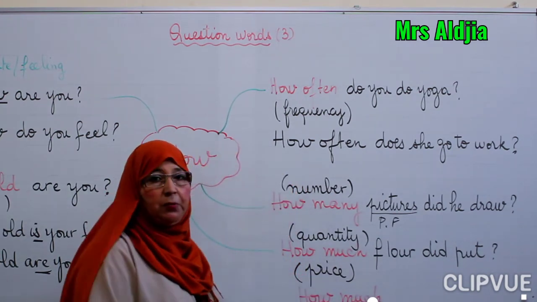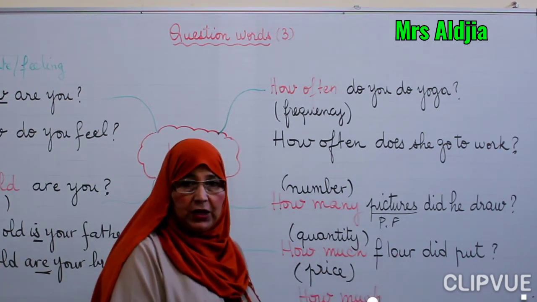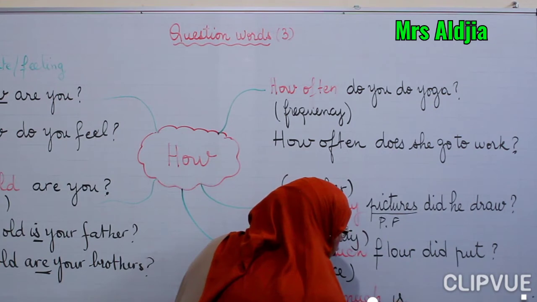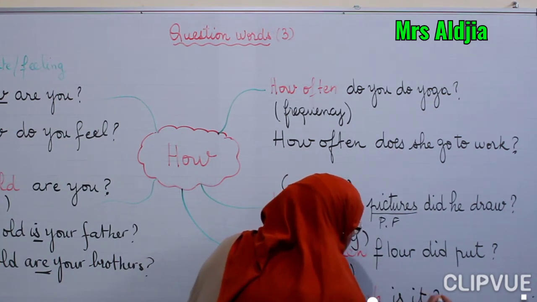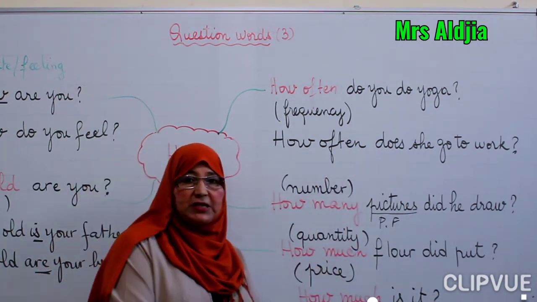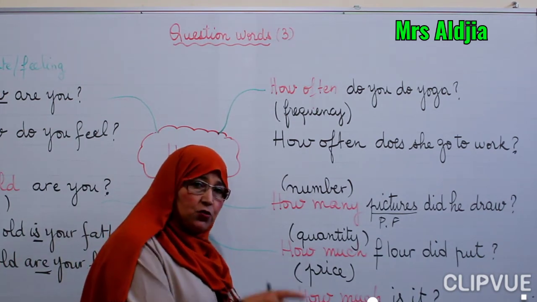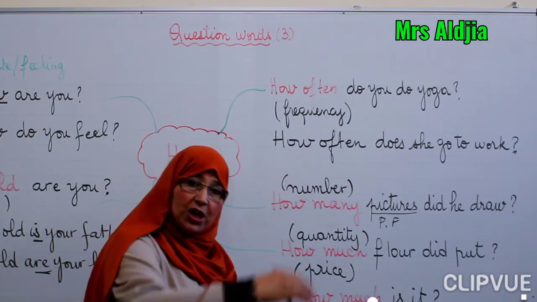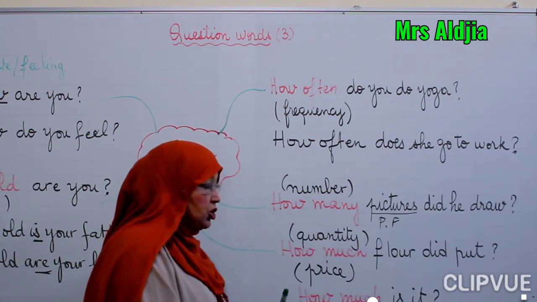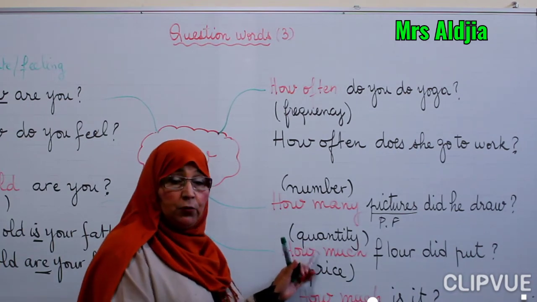But when we are talking about price, we don't put a noun after it. We say how much is it or how much are they. I'm going to buy something and I want to know the price. I say how much is this or how much is that or how much are these or how much are those. So how much is for the price and for the quantity.